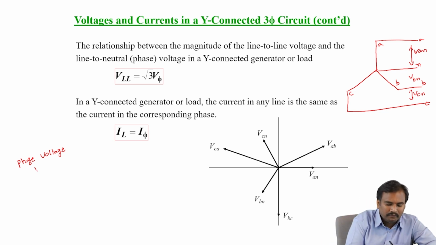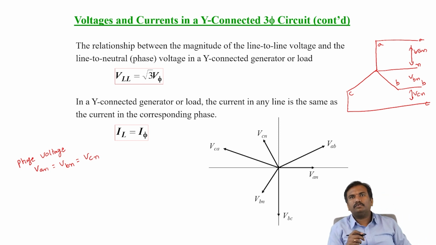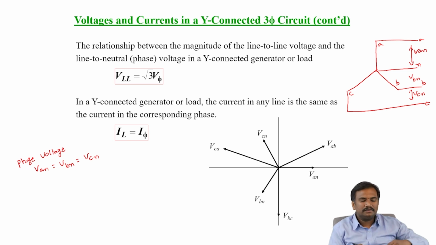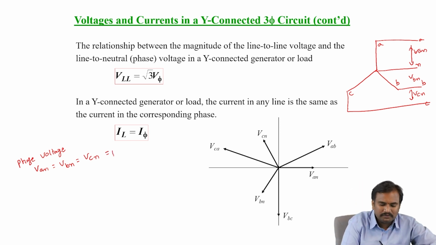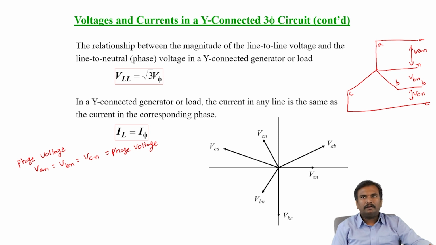That is VAN, equal in magnitude to VBN and VCN. These three are the phase voltages.